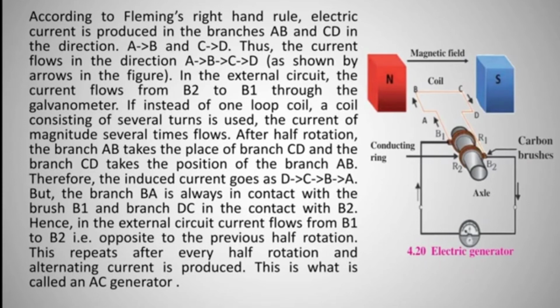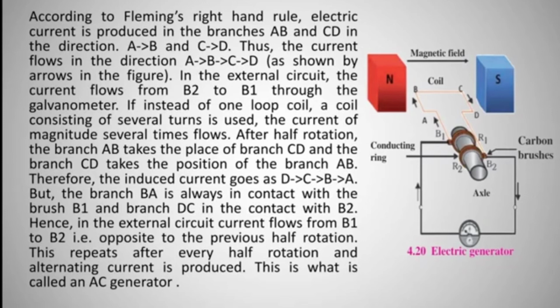If instead of one loop coil, a coil consisting of several turns is used, the current of magnitude several times larger flows. After the half rotation, the branch AB takes the place of branch CD, and the branch CD takes the position of branch AB. Therefore, the induced current goes as D to C, C to B and B to A.